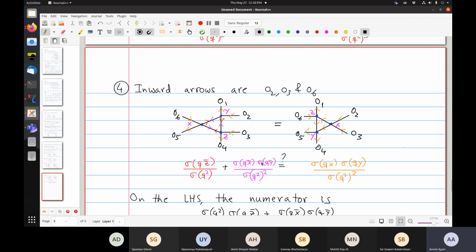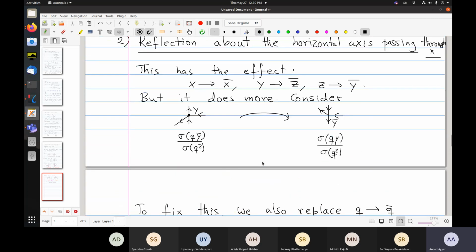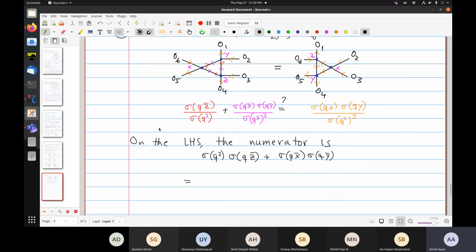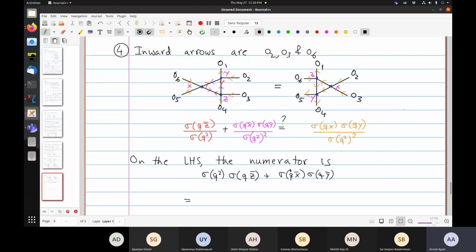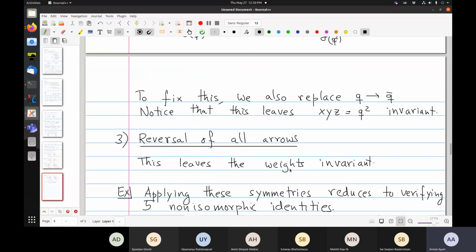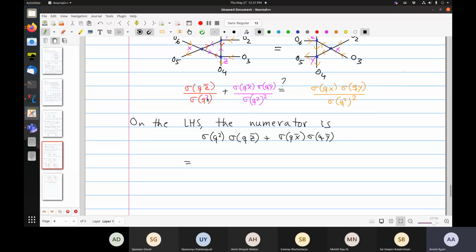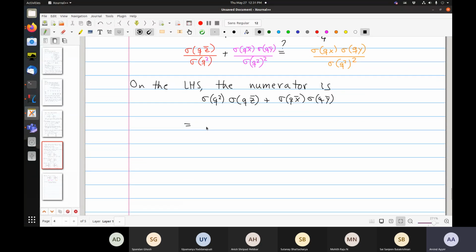Now I use the fact that xyz is q squared. Remember, we have this identified. On the right hand side there are only x and y, so it's convenient for me to remove z bar. So qz bar is q by z, and, oh sorry, that should have been xyz equal to q. And so q by z is xy.